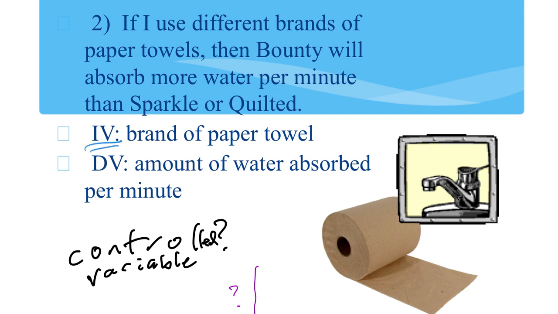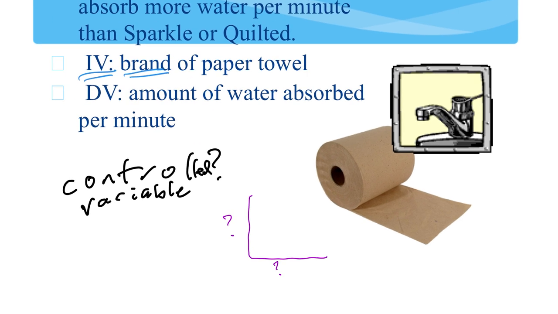The amount of water that is absorbed per minute, I have no control of that. That's an effect of the type of paper towel I'm using. So the manipulated variable that I'm making is the brand of towel. And the amount of water absorbed per minute depends on the brand of towel.